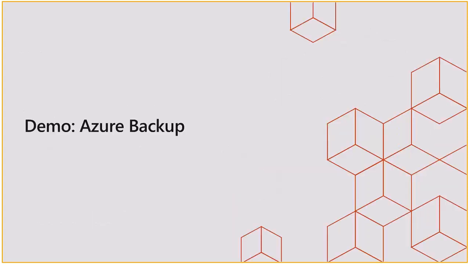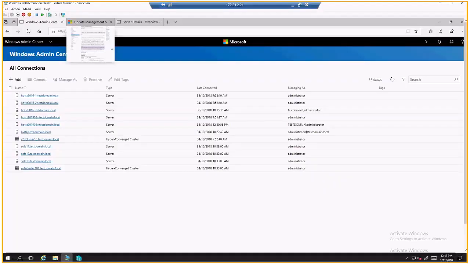All right, so now I'm going to flick across to a demo of Azure Backup, and we'll see a little bit about what it can do. And I'll also show you the Windows Admin Center console. Okay, so this is a web-based console, and at face value it looks pretty bland. I'm just going to jump to a server here.